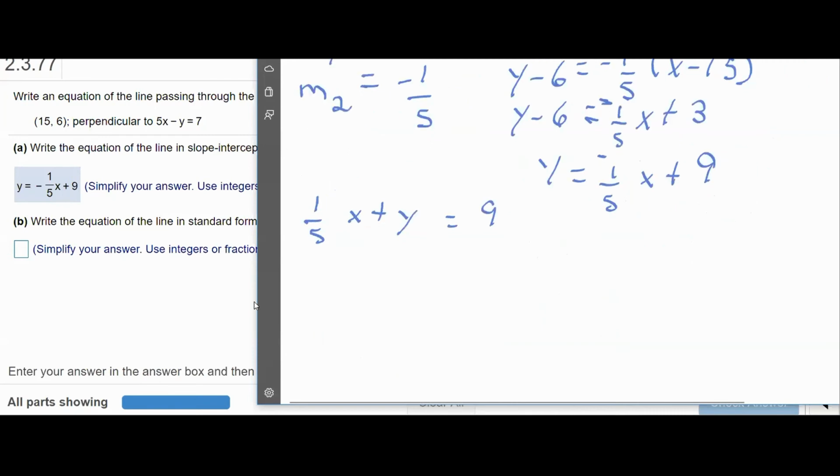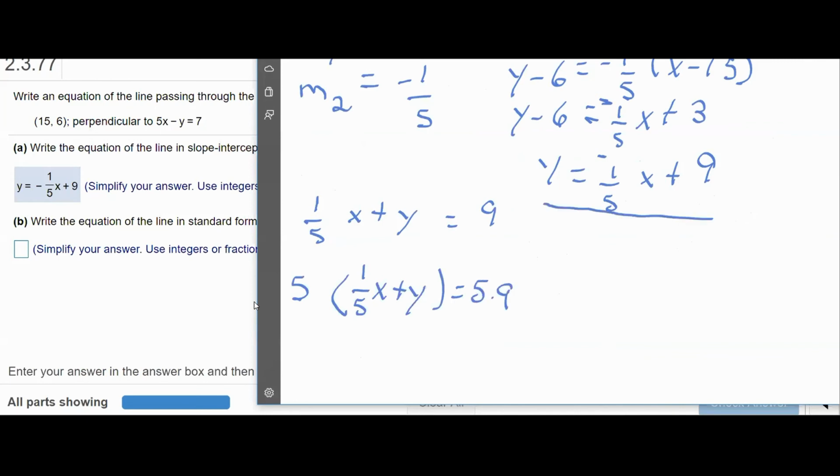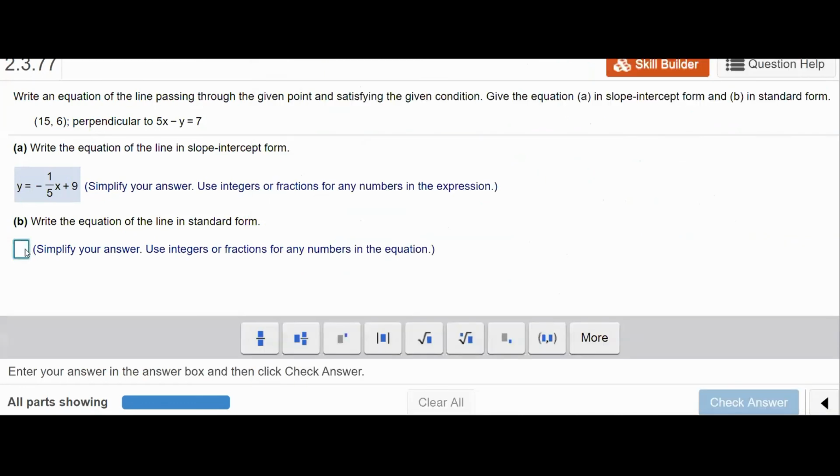At least we have a positive coefficient for x. Five times 1/5 x is x, but you also have to multiply the 5 to the y. x plus 5y equals 45.